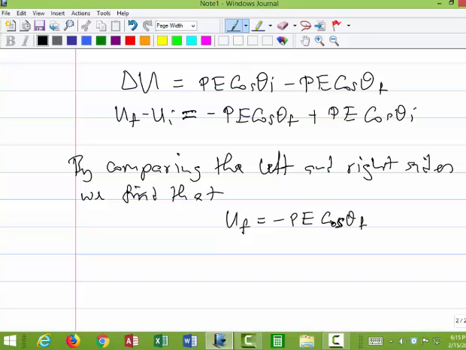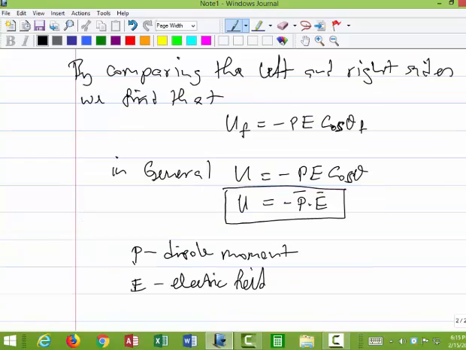So in general, U is therefore minus PE cosine theta. And this just implies minus the dot product of P and E. P is dipole moment, E is electric field. Both are vectors. So if you have both multiplied together like P times E and cosine theta, you can make it into a compact form using the dot product. So that's what I've done.